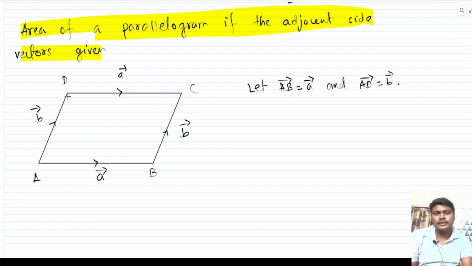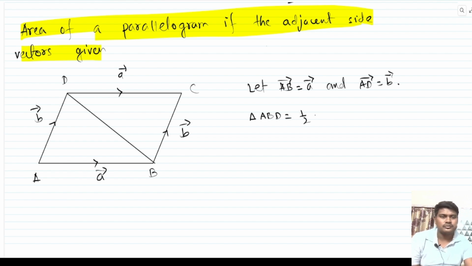Now we join points B and D, therefore the area of the triangle ABD is equal to half of a cross b vector using the previous formula.